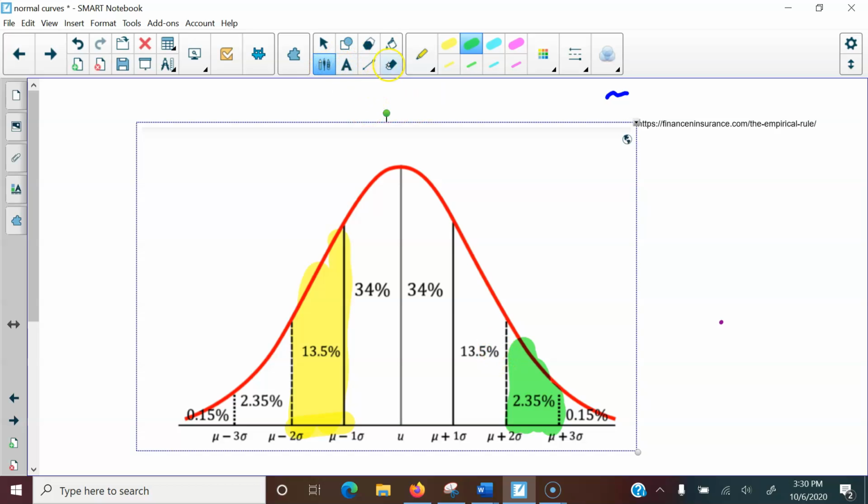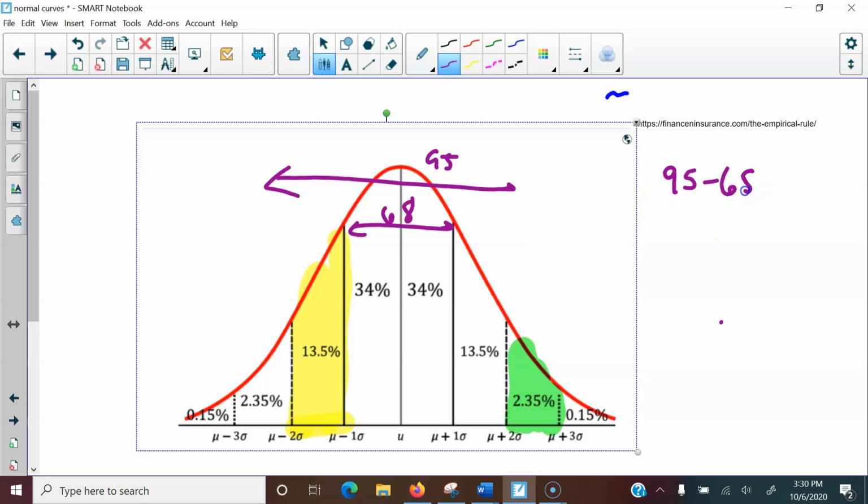So where did this 13.5% come from? We can see the 13.5% by considering our 68, 95, 99.7 rule. If this portion in here is 68, and this portion from here to here is 95, 95 minus 68 is going to give us 27% of the data.